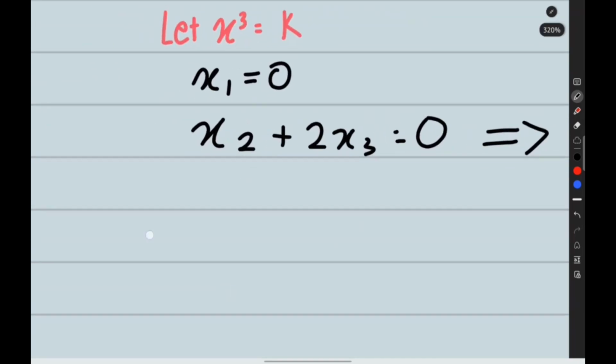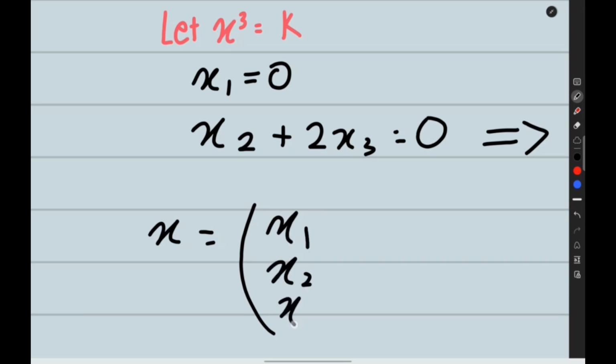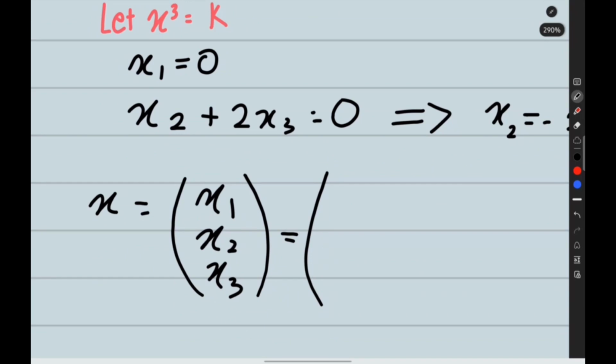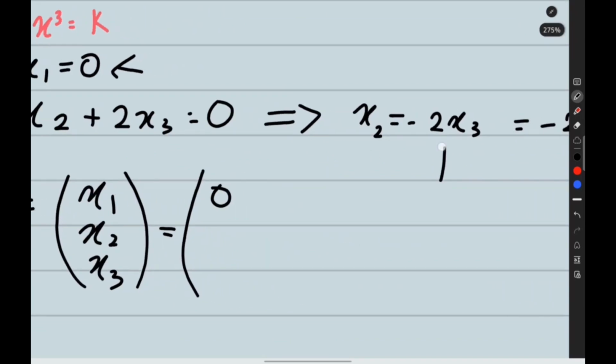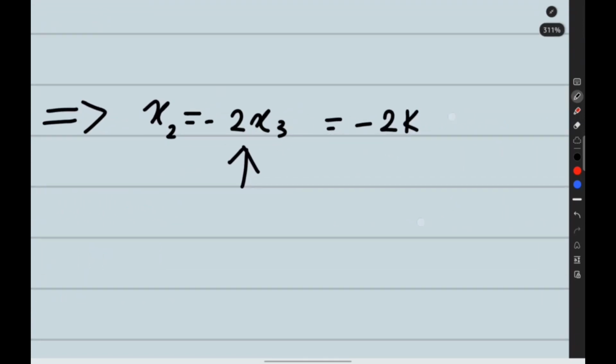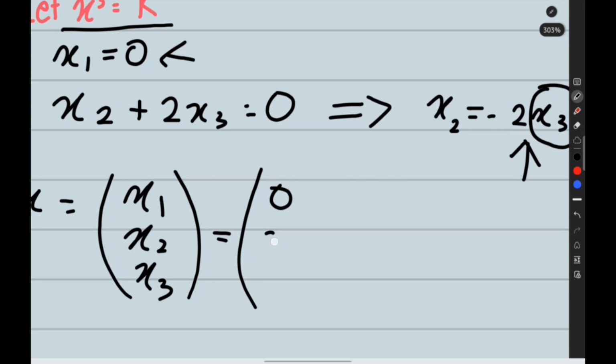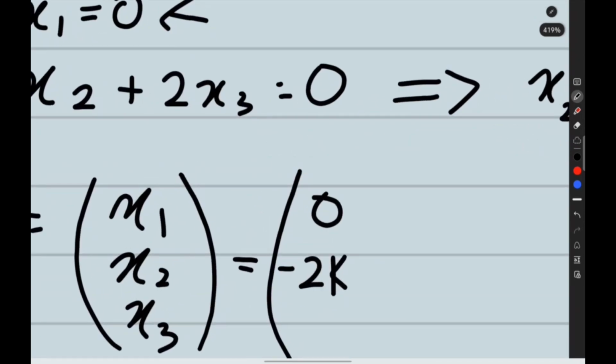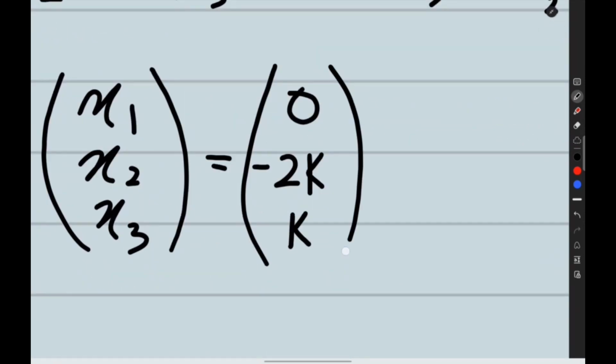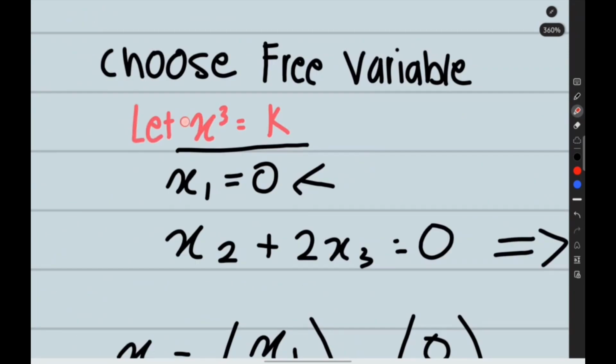And then for the last answer, we get x1, x2, x3. We put the value of each: x1 is 0, x2 is negative 2x3, and we already substitute x3, which is k, so we get negative 2k. And then x3 is k because we already assumed that x3 is k.